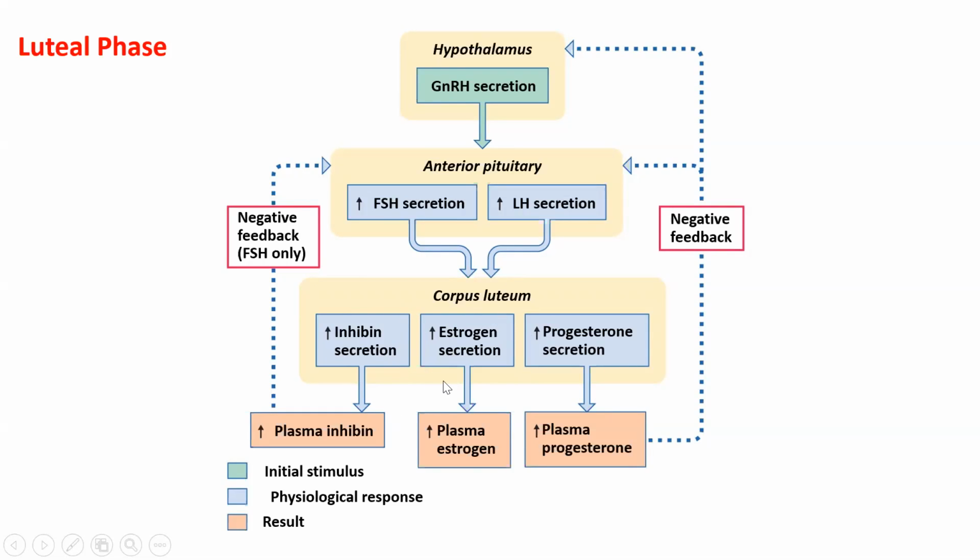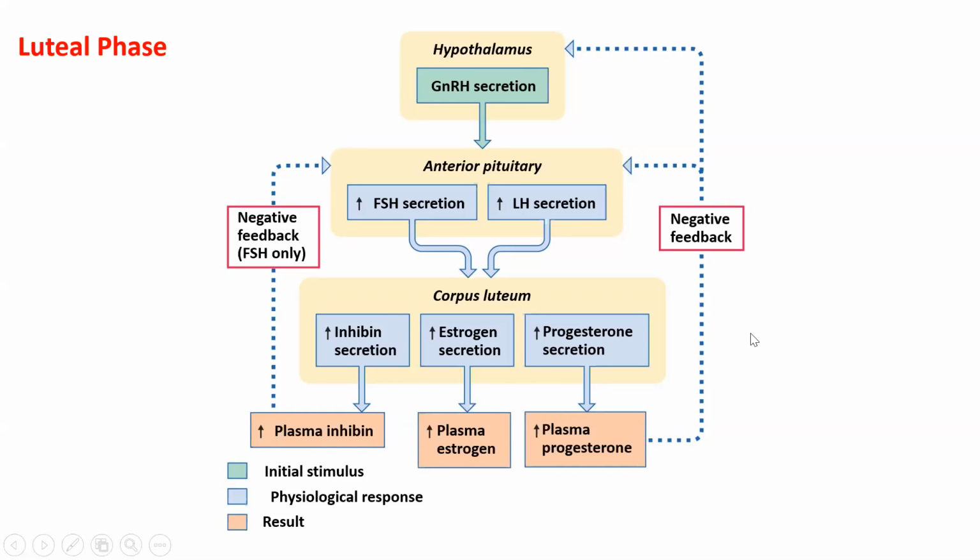Remember, in the second half of the phase, the production of estrogen is being taken over from the granulosa cell, now transferred to the corpus luteum, as well as progesterone, which is now also coming from the corpus luteum. And then these three hormones now have, once again, a negative feedback loop back onto the anterior pituitary to decrease FSH and LH, and back onto the hypothalamus to decrease GnRH secretion.